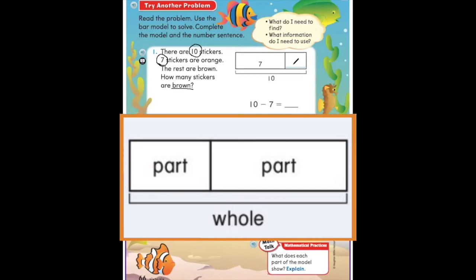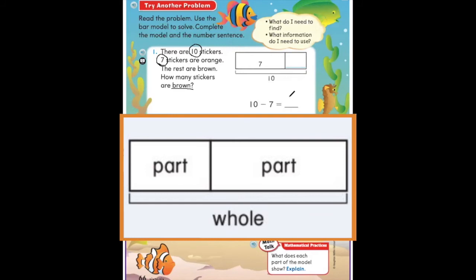I can see from the model how I need to subtract. The whole is 10, so that's how we will start our subtraction sentence. Minus the part that we know. The part that we know is 7. That will give us the other part, the missing part.